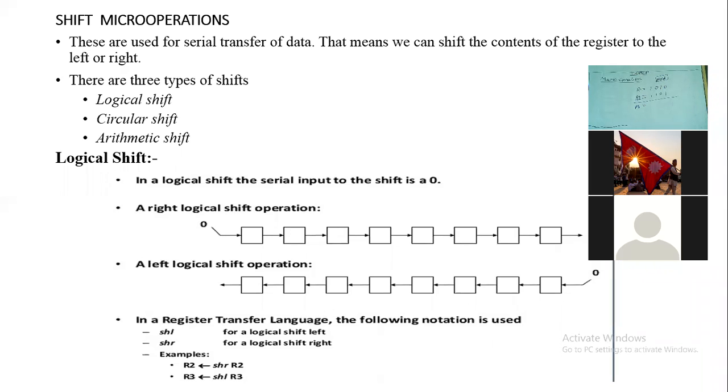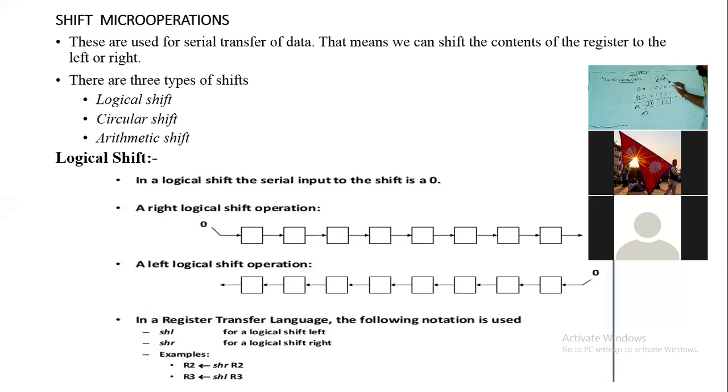How we perform addition, I told you in the last lecture: 0+1 is 1, 1+0 is 1, 0+1 is 1, and 1+1 is 0 with 1 as carry. This is the carry bit, and our result is 0111. This is the addition of two numbers.